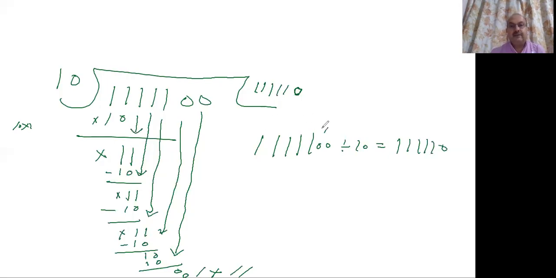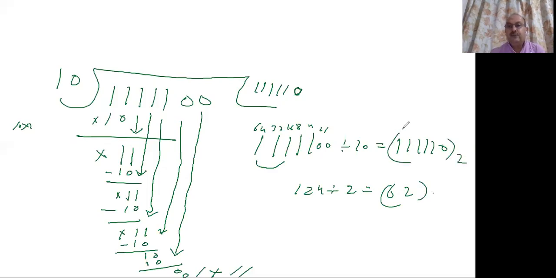If you want to check it, 1, 2, 4, 8, 16, 32, 64, 64 and 16, 80 and 90, 100, 112, 120, 124. Divided by 2 equals 62. So this should be my 62. We can check it. 1, 2, 4, 8, 16, 32, 32 and 8 is 40, 50, 56, 62.